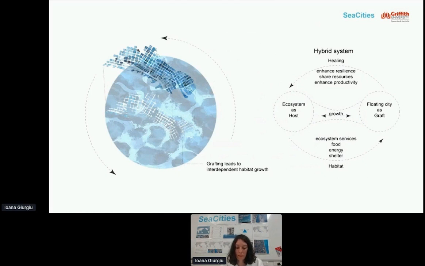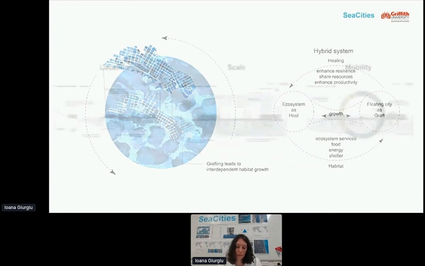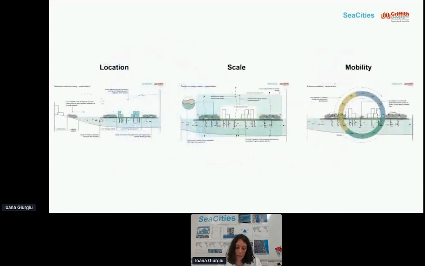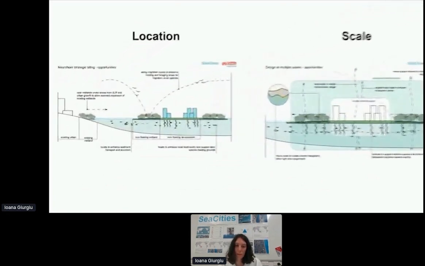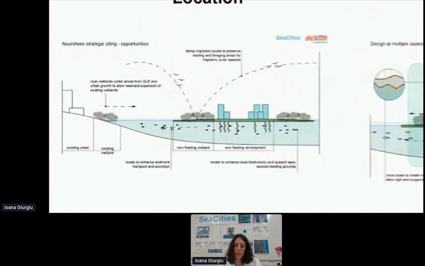So in thinking about floating cities as new urban typologies, there are opportunities for shifting towards a more equitable relationship between eco and urban system, and ultimately towards a more holistic response to climatic challenges. More concretely, by looking at the basic parameters of location, scale, and mobility, I'll look at a few examples of how the concept of grafting could be applied and what the benefits of this approach could be.